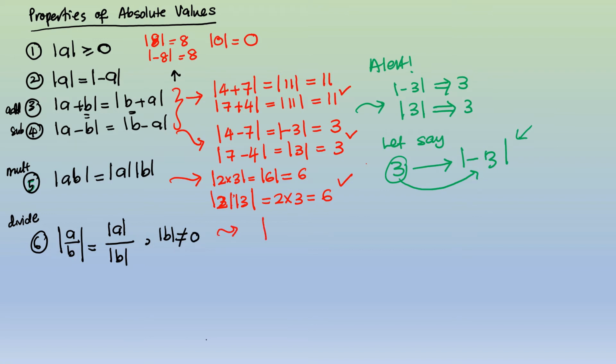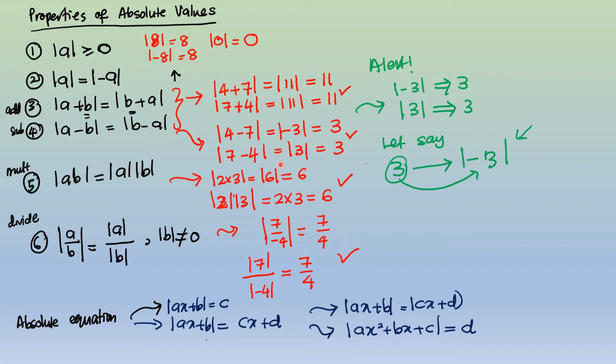We have modulus 7 divided by negative 4, so it is equal to 7 over 4. If you do it separately with its own modulus, modulus 7 divided by modulus negative 4, you will have 7 divided by 4. So it is the same value. We apply all properties that we know by solving this absolute equation.